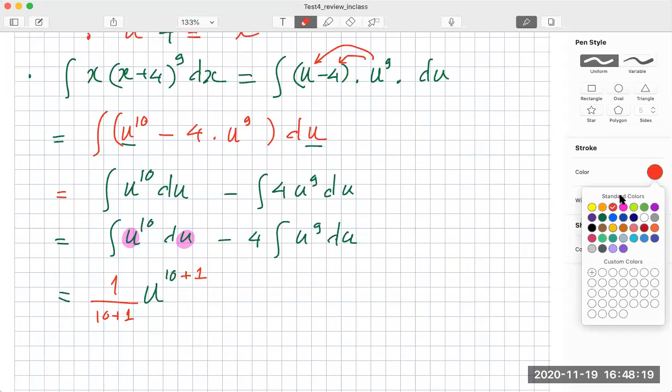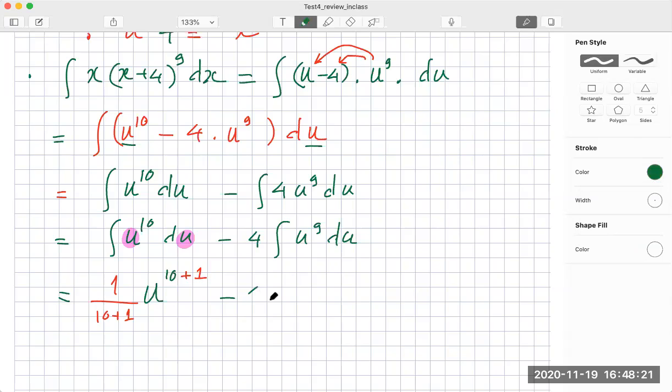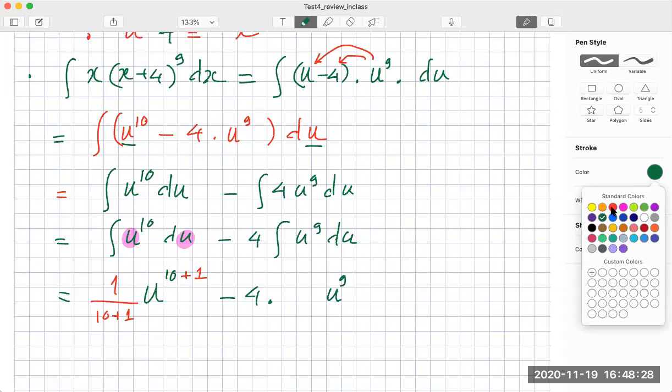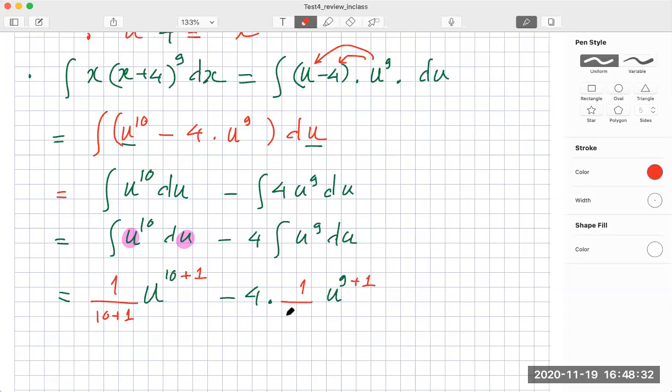And the next term will be negative 4 times u to the 9 plus 1, same thing, 1 over 9 plus 1. Okay? And this is an indefinite integral. Therefore, we need to add a number c, where c is in R.